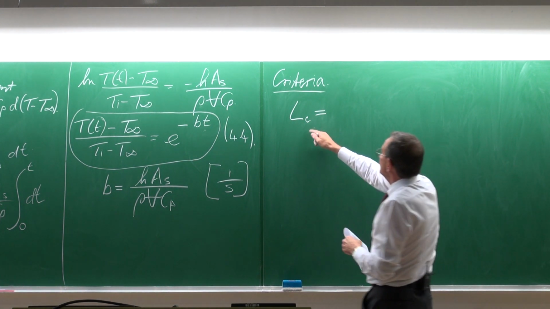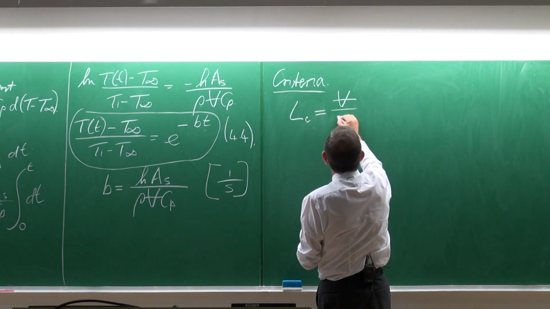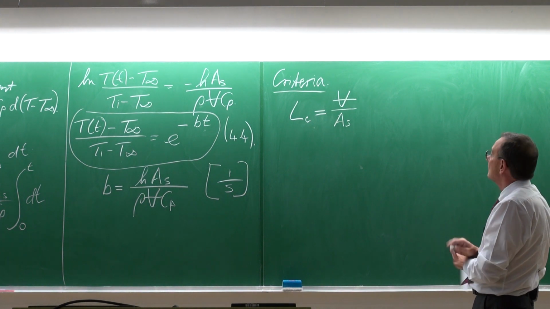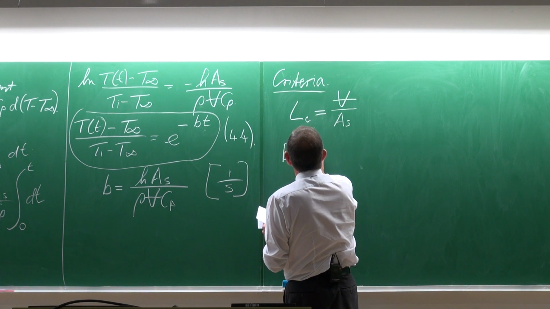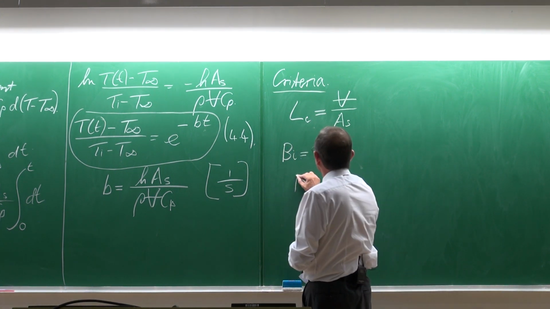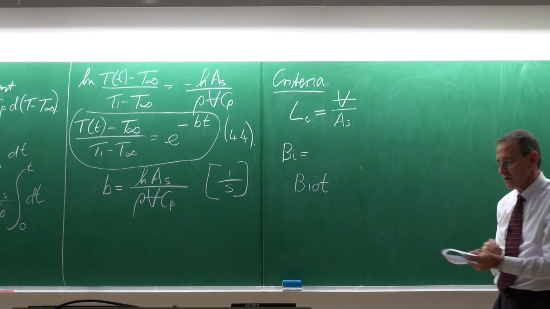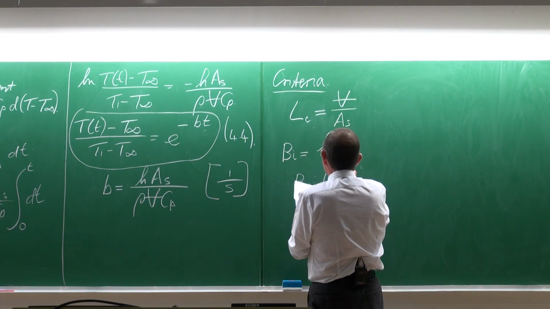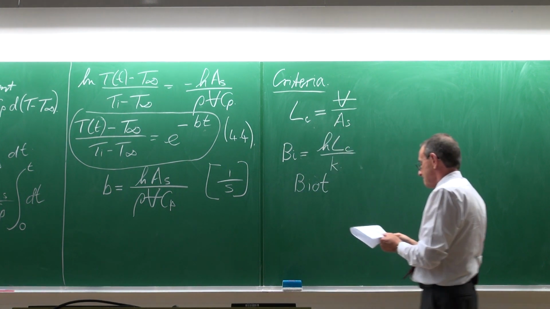And that is by using the characteristic length, which is the volume divided by the surface area, and defining a so-called Biot number, which is equal to the heat transfer coefficient multiplied by the characteristic length divided by k.